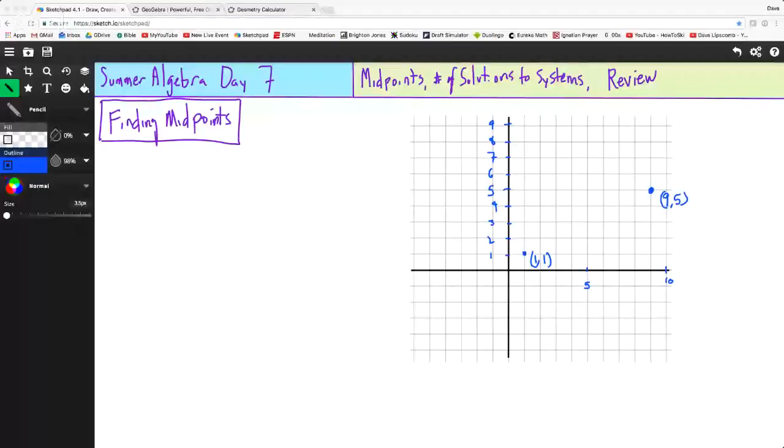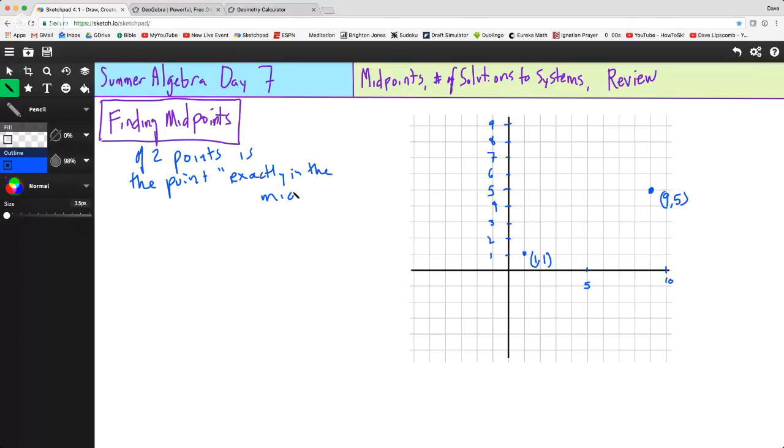Okay. First of all, we're going to talk about midpoints. So what is a midpoint? The midpoint of 2 points is the point exactly in the middle.